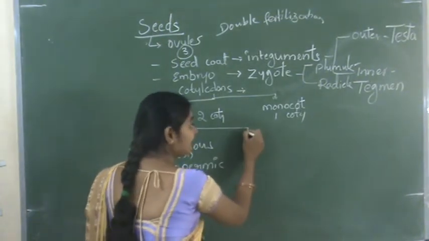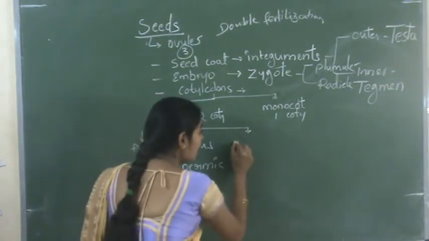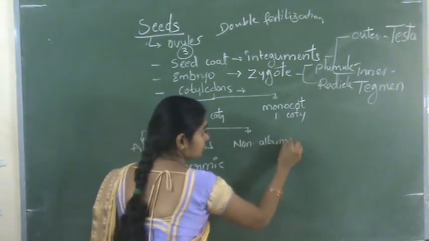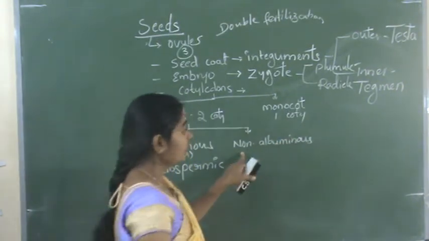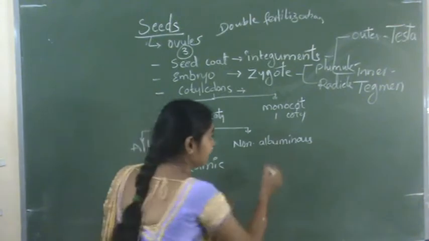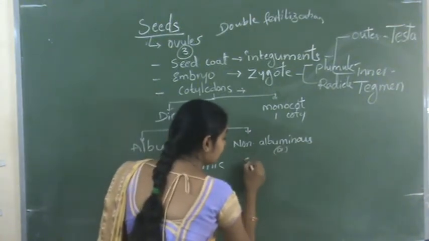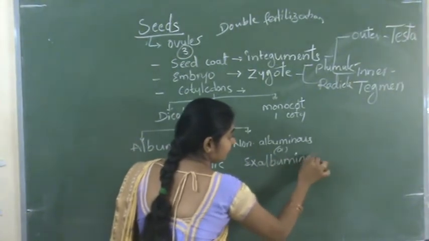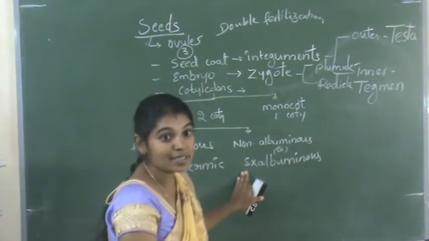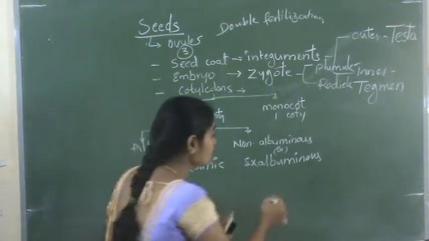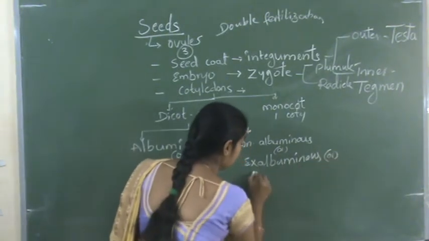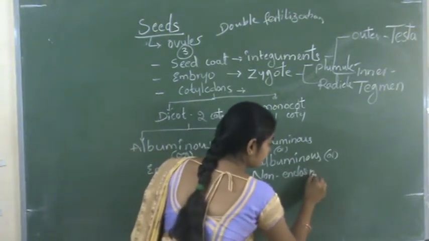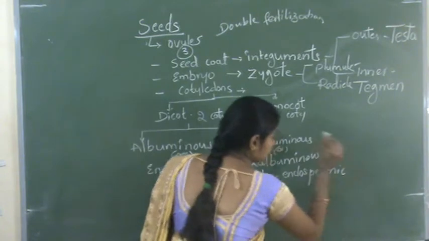And the second type is non-albuminous, or ex-albuminous, or non-endospermic seeds.